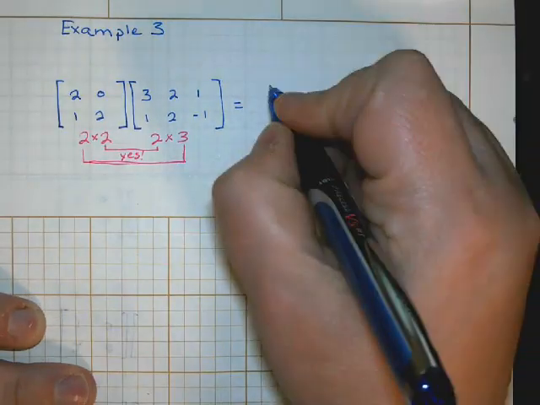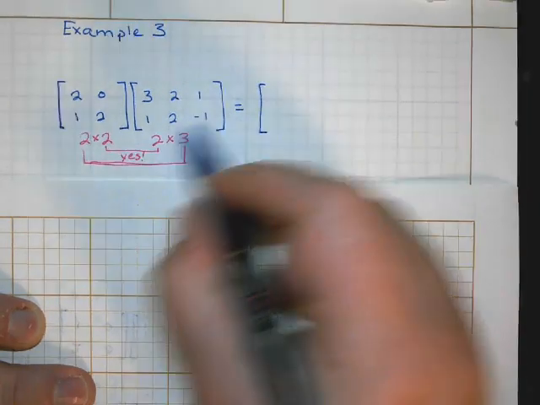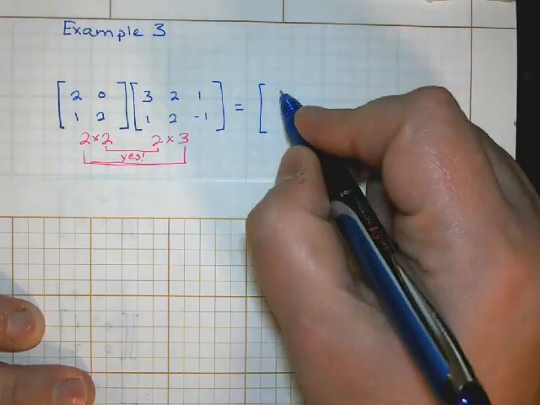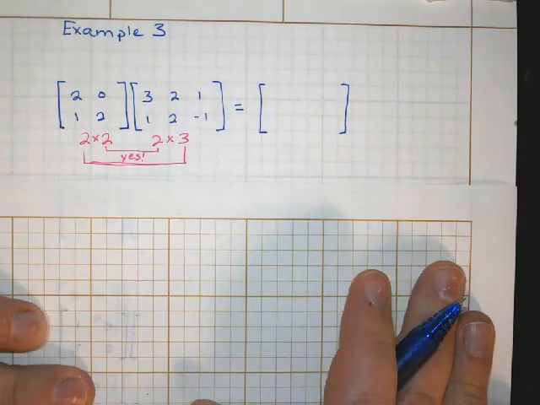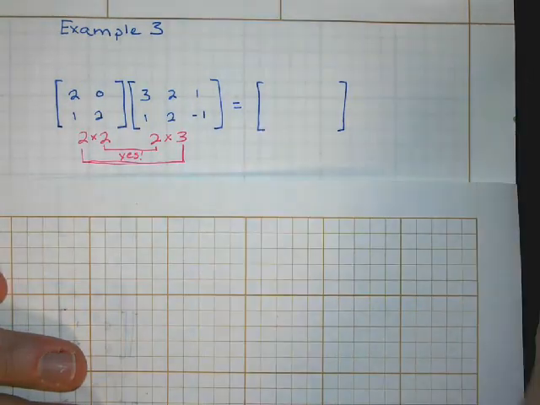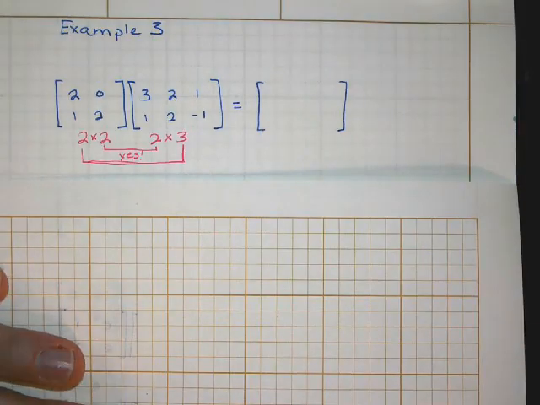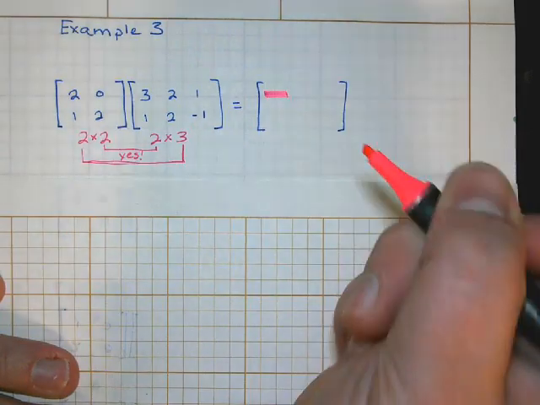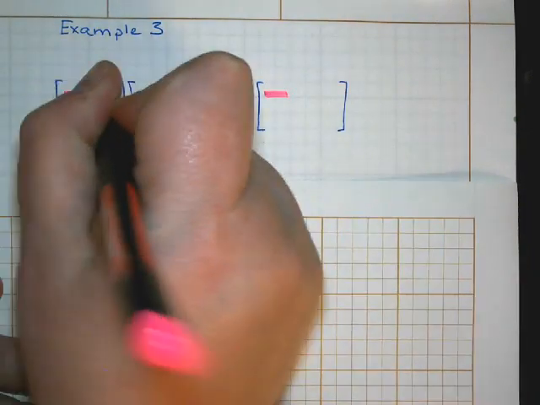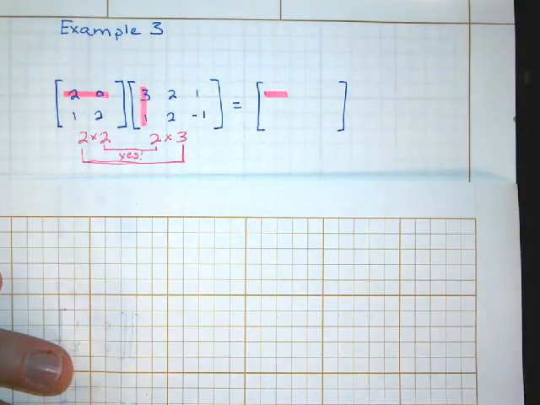So I can go ahead and make my empty matrix, so that's 2 rows, 1, 2, and then I need room for 3 columns. So maybe make it that big. And I can proceed from here. So I want to start off with the top left corner. And since it's top left, I need top left.